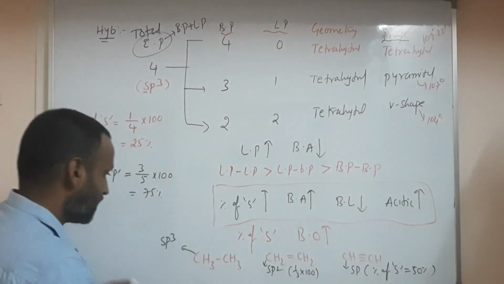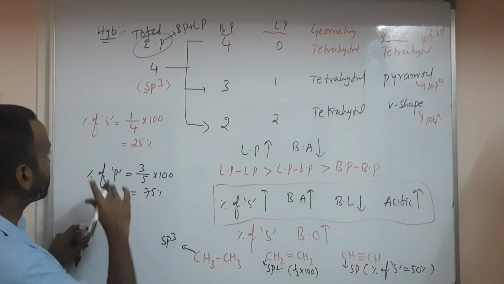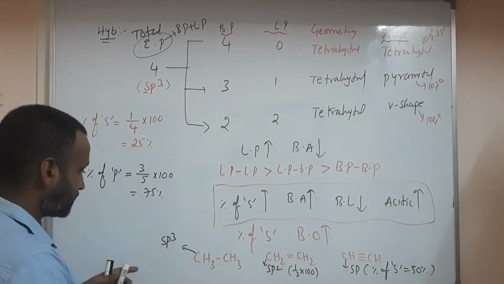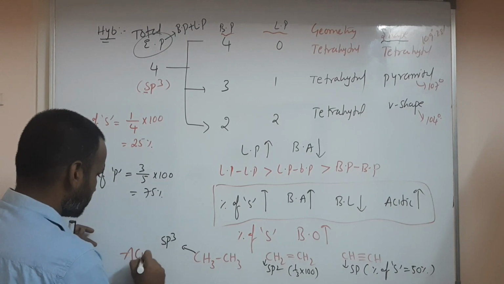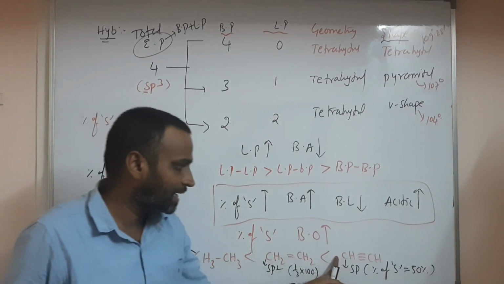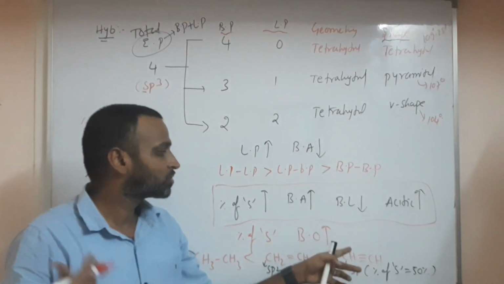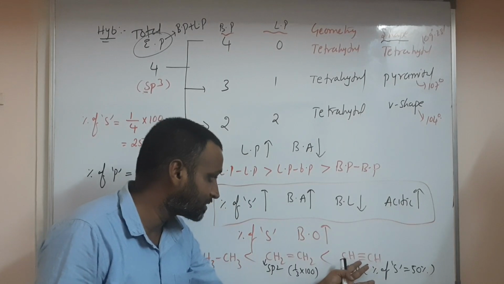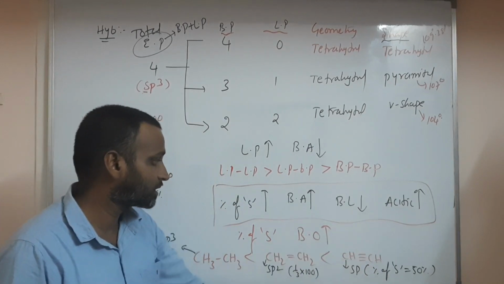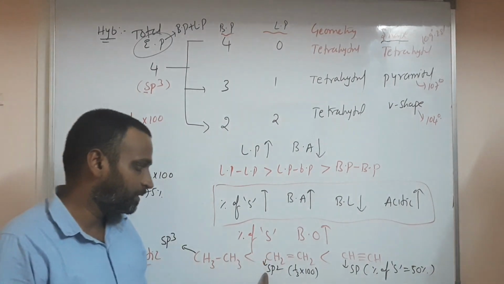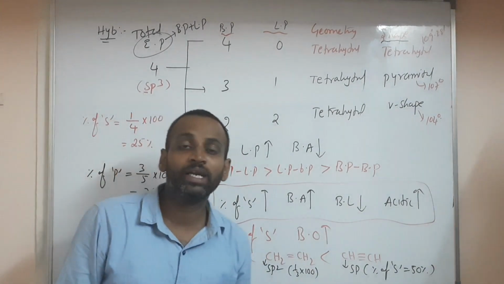Hope you understand. So I told you already what the percentage of s character is for sp3. Now, what is the order of acidic character? It is this one, because percentage of s character is more in acetylene, so that has more acidic nature. And bond length is less. Bond angle is more: sp3 109, sp2 120, sp 180 degrees.